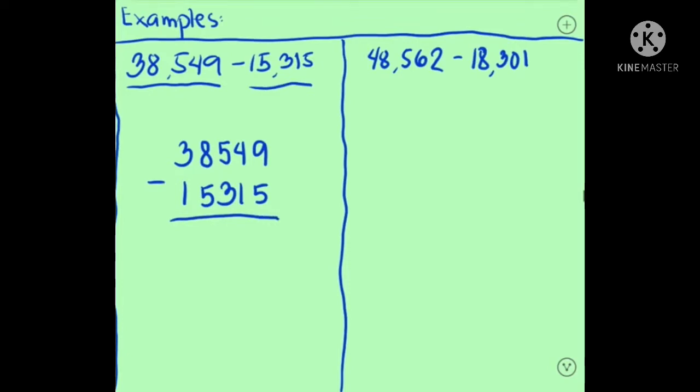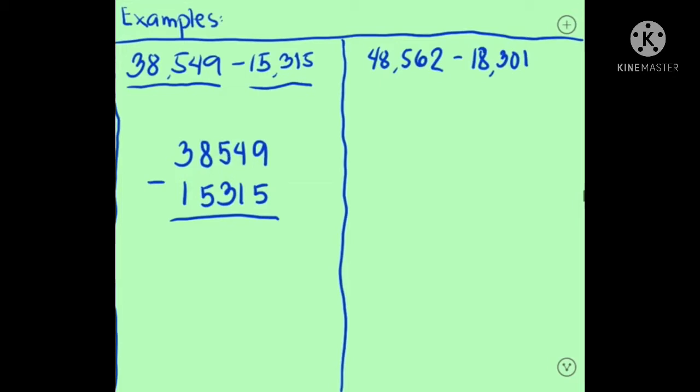Then, our first step is to identify if all the digits in our minuend are greater than the digits in our subtrahend. So we have here 9, 5, okay, 4, 1, okay, 5, 3, okay, 8, 5, okay, 3, 1, okay.